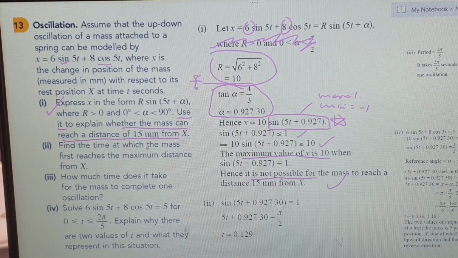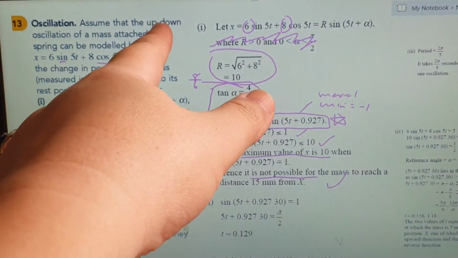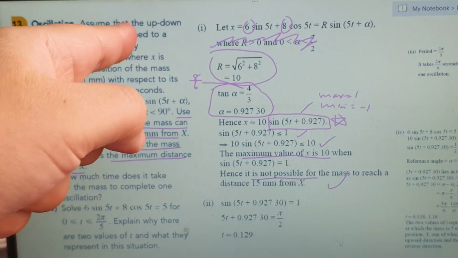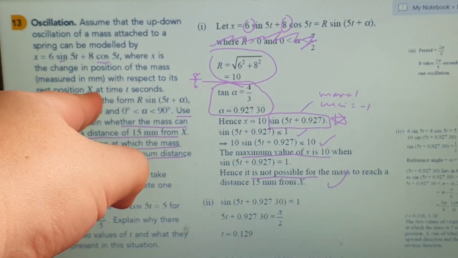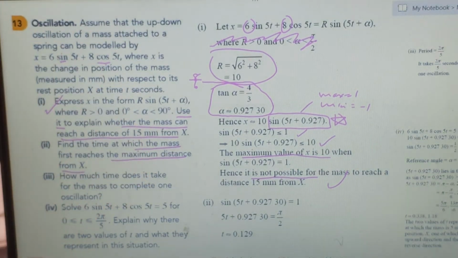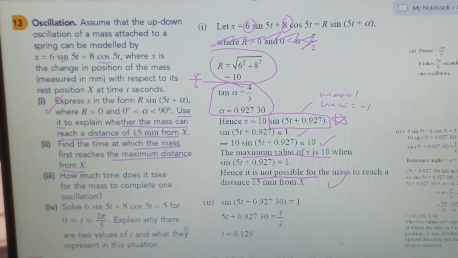Now find the time at which the mass first reaches the maximum distance from x. Now maximum distance from x means what? The thing, as I said just now, is moving up and down from this x. So what are they asking you?